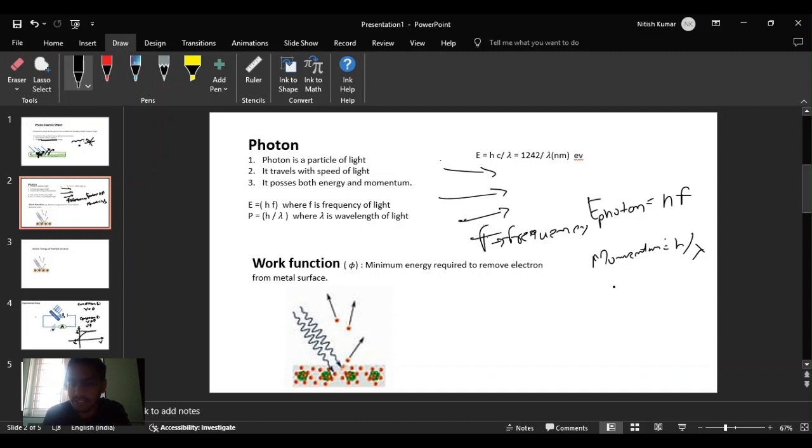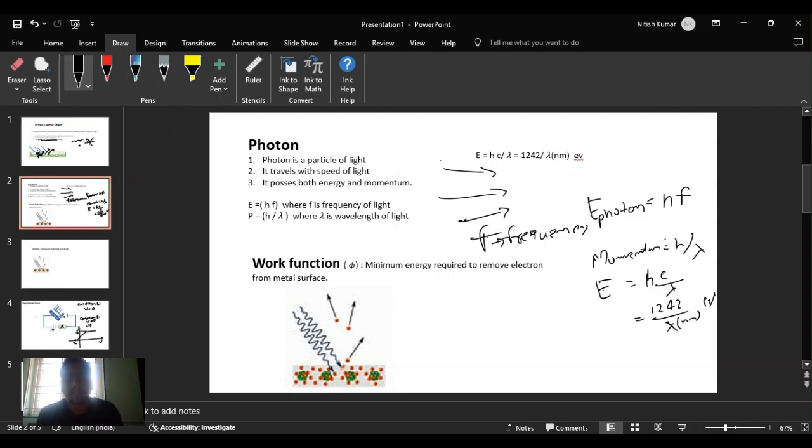We can also write this energy as h times c upon lambda, where h and c are constants. On calculating, we get the energy in electron volts if we put the wavelength lambda in nanometers.